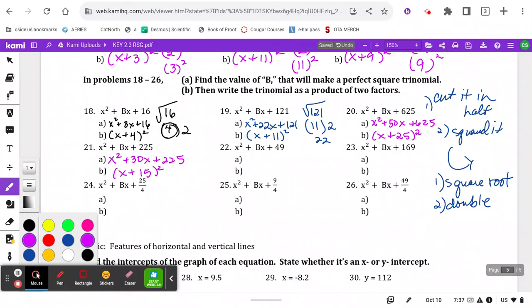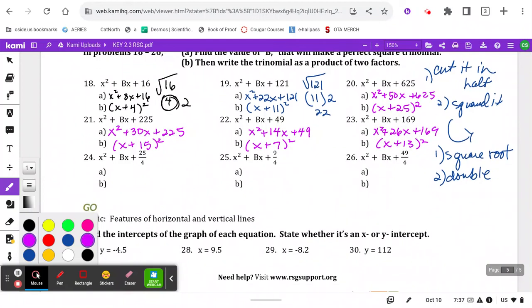Square root of 49 is 7. 7 doubled is 14, and then that's the x plus 7 squared factors. Square root of 169 is 13. 13 doubled is 26, and that's the x plus 13 squared factors.